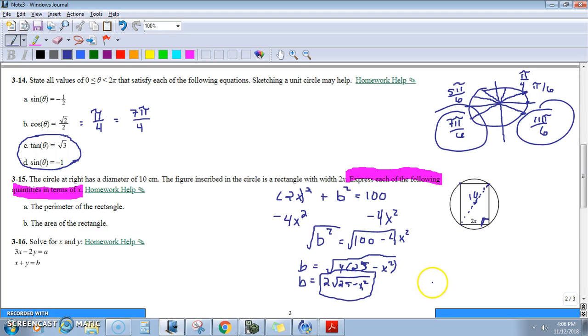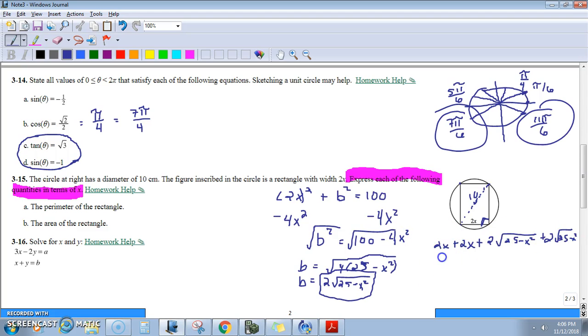Then, in order to find the perimeter, I have to add all of those sides up. So I have 2x plus 2x plus 2 root 25 minus x squared plus 2 times root 25 minus x squared.